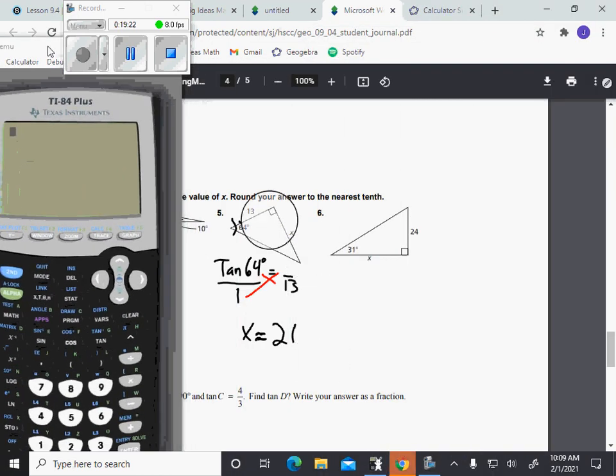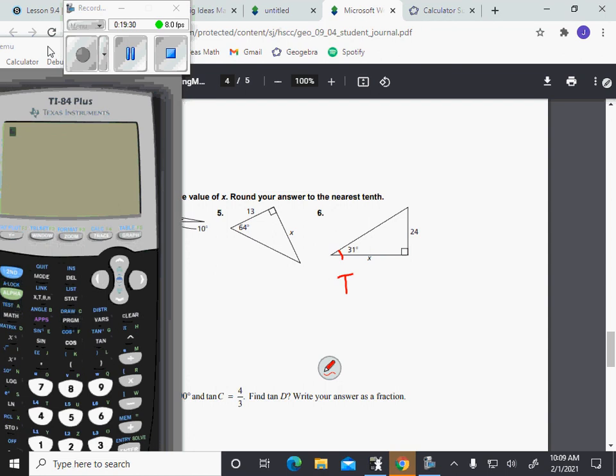Number 6. Number 6, I can take the tangent of 31 degrees, so tangent of 31 degrees equals 24 over x. Set this over 1, and then I can cross multiply. So I'm going to have x times the tangent of 31, so tangent of 31 times x equals 24.